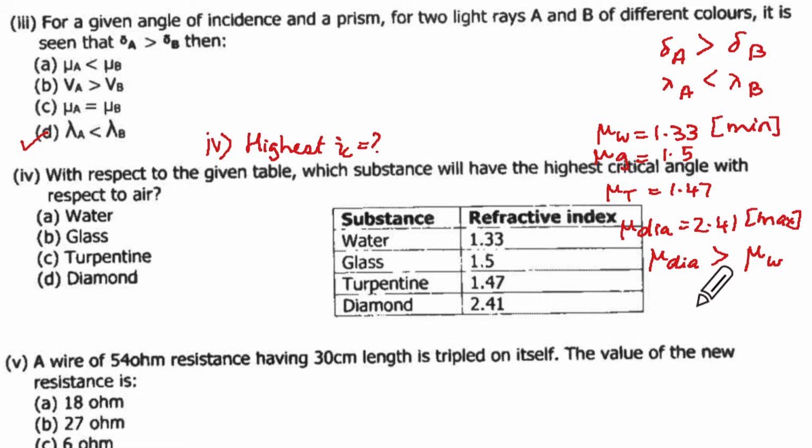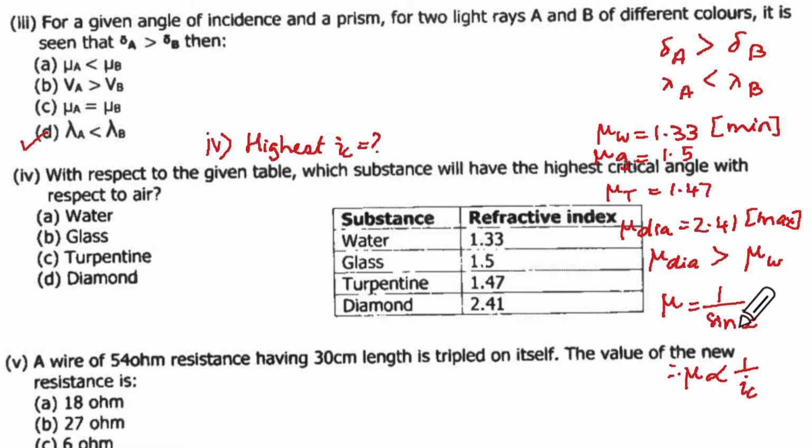All right, so mu is equal to 1 upon sine of critical angle. Do you remember this? Yes. Therefore, mu will be inversely proportional to 1 upon sine of the critical angle. Do you understand this part? Because sine increases as the angle increases.